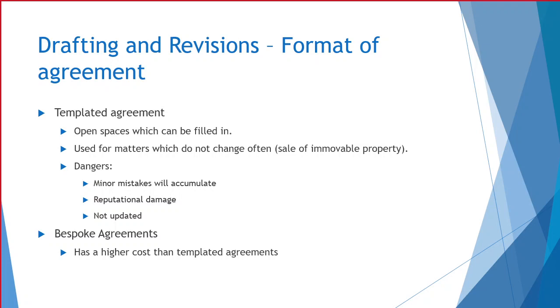Templated agreements need to be scrutinized with the highest level of scrutiny. Make sure, otherwise you'll have minor mistakes that just creep in and tend to almost convey an impression that this was a rush document. There may be deeper problems. Often, that is something I look for. When I see that there are minor mistakes, I look for deeper problems, and I find them, and they can be exploited in the realm of litigation.